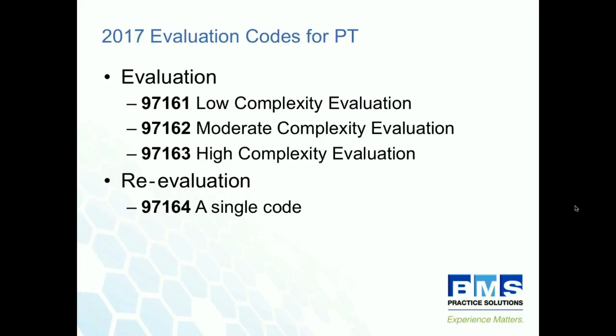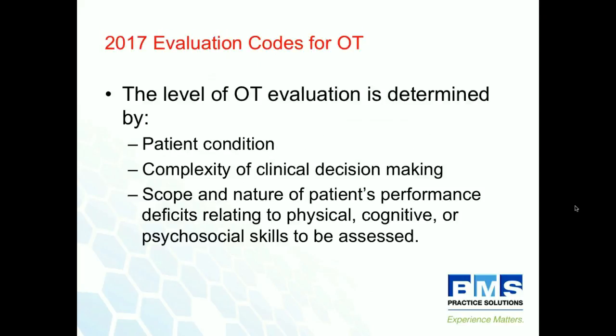So now what we're going to do by PT and then by OT is go through the new codes and what the requirements are for the codes. Now, the level of OT evaluation, again, is determined by patient condition, the complexity of clinical decision-making, the scope and nature of the patient's performance deficits relating to physical, cognitive, or psychosocial skills that will be assessed in the evaluation.